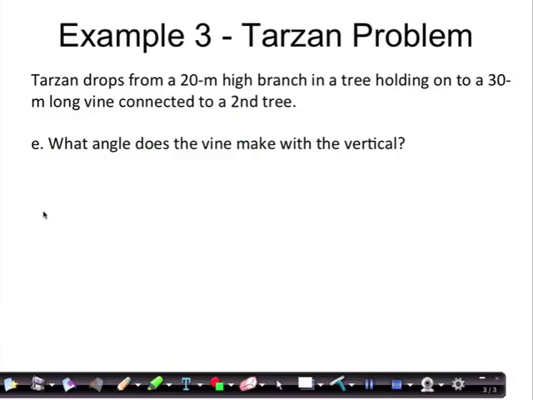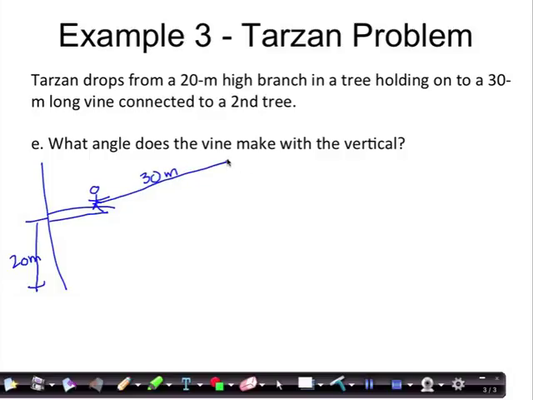For the final part, we're looking for the angle that the vine makes with the vertical. Here's Tarzan, 20 meters up on a branch. And we know that he's hanging from a vine that is 30 meters long.